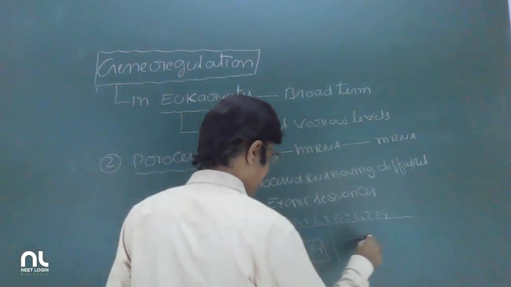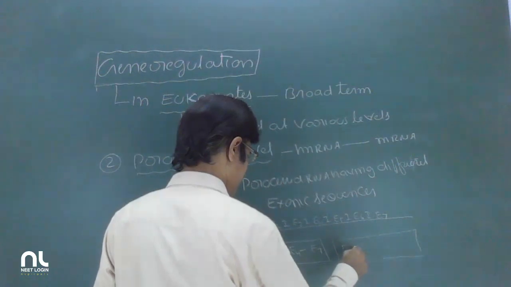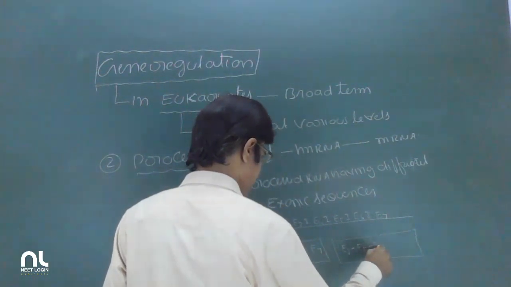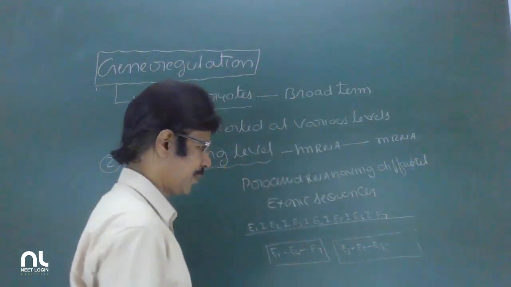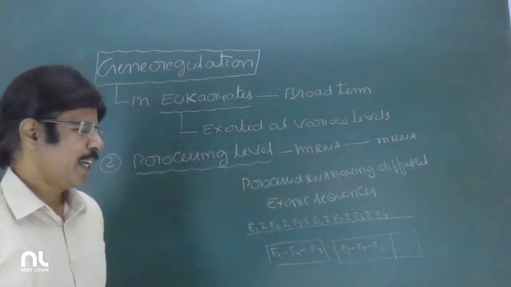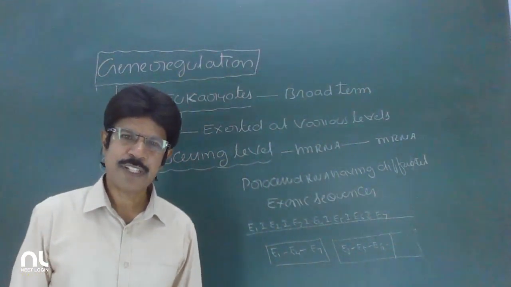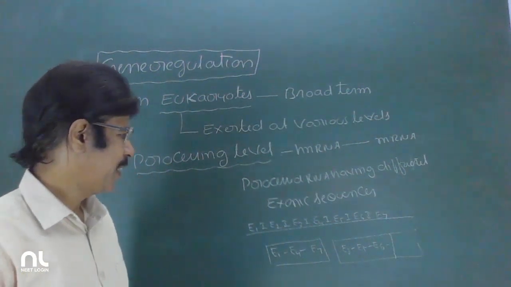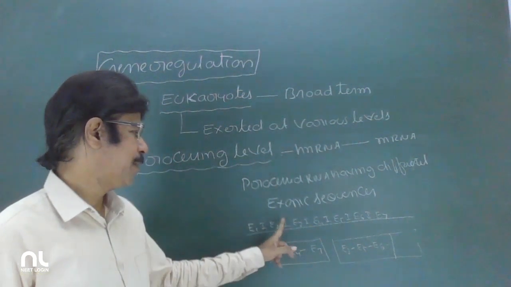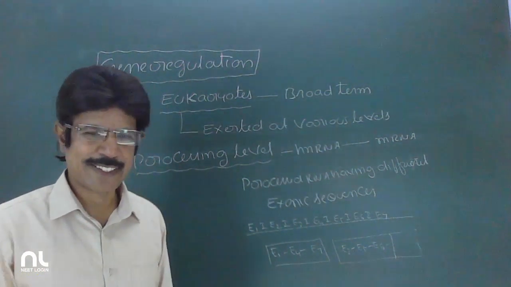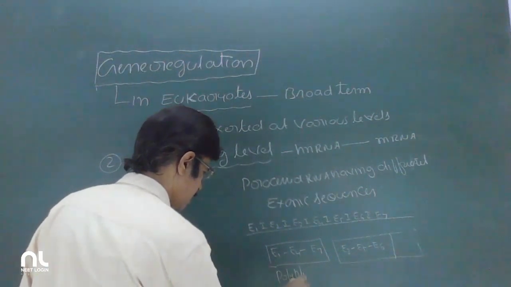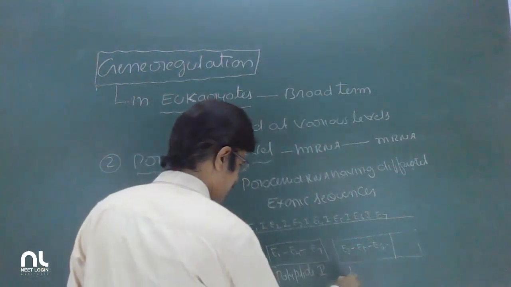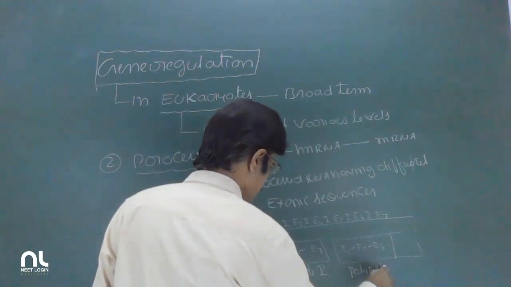The other protein is having E3, E5, E6, like this. So mRNA with different exonic sequences are possible because hnRNA with multiple introns are spliced in different ways. In one way it forms polypeptide 1, another polypeptide 2, another polypeptide 3.